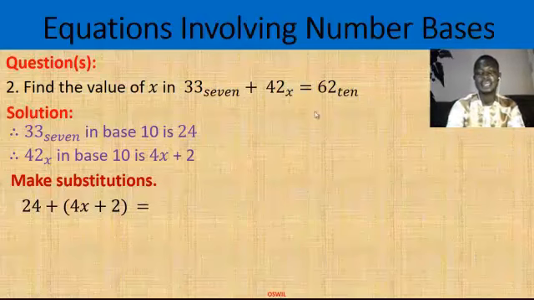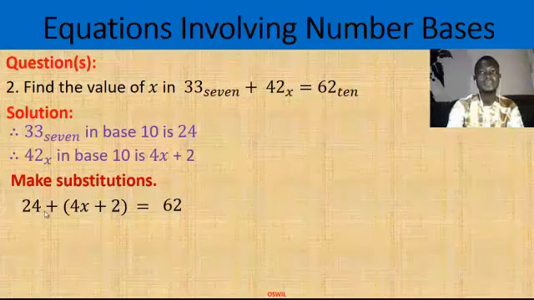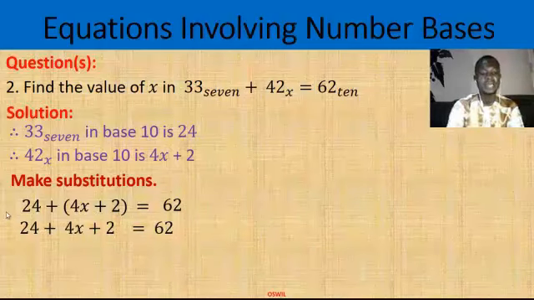And then the last thing is 62. We have ignored writing the base 10 because base 10 numerals can be written without the base. And in the equation, when it is taken out, it makes calculation very much easier. So we open the bracket and we have 24 plus 4x plus 2 equals 62.